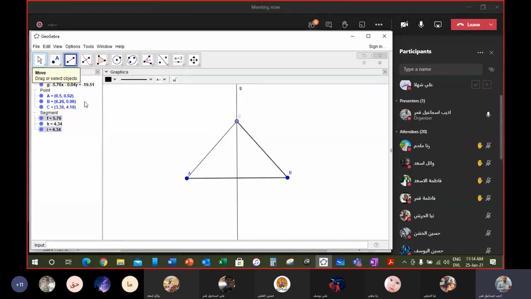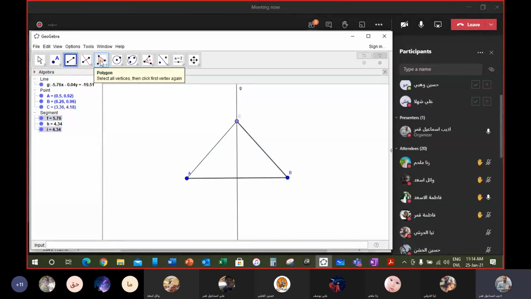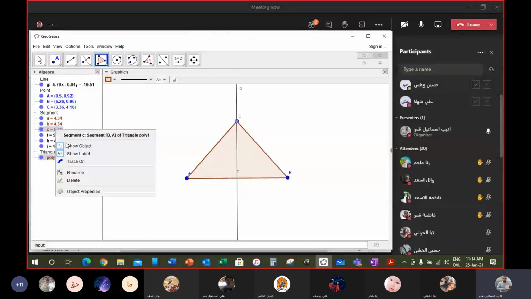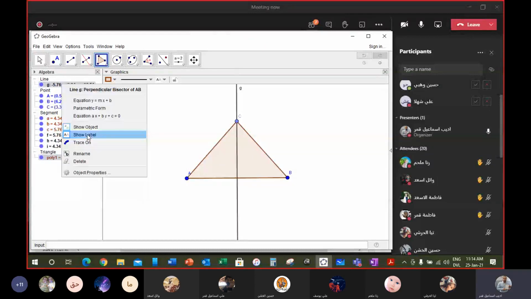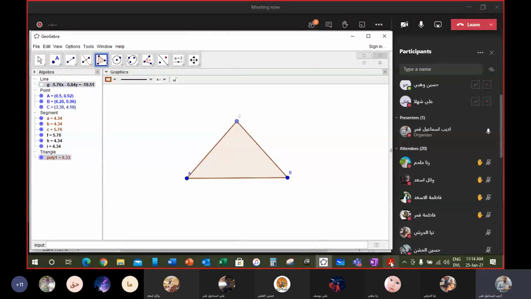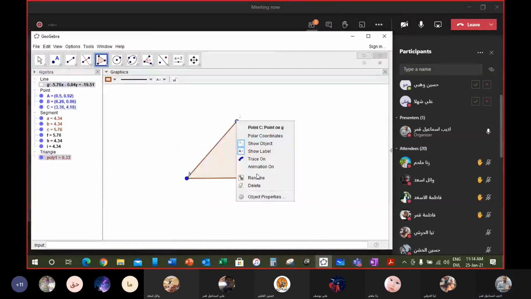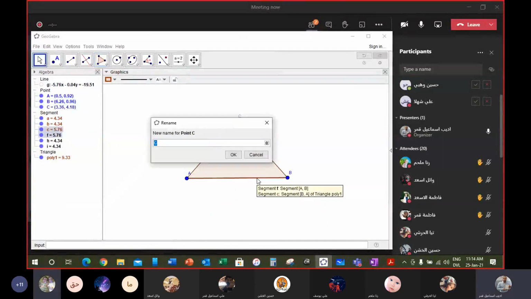اوكي؟ فإذا هلا نرجع بنحدده ليبين معنا انه isosceles triangle. اوكي، هيدا اللاين جي اللي هو perpendicular bisector ما عادش بحاجته، صار معي هذا triangle isosceles triangle بنسميه شو هو؟ OIE is an isosceles triangle of vertex O. يعني هيدي ال O. Perfect.